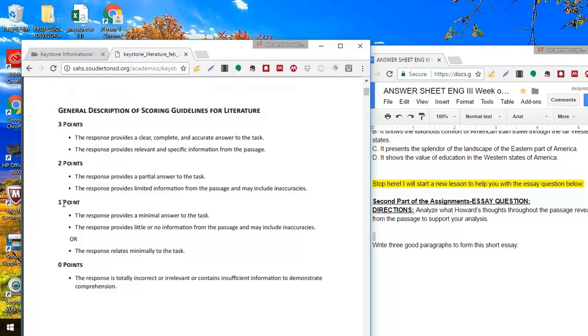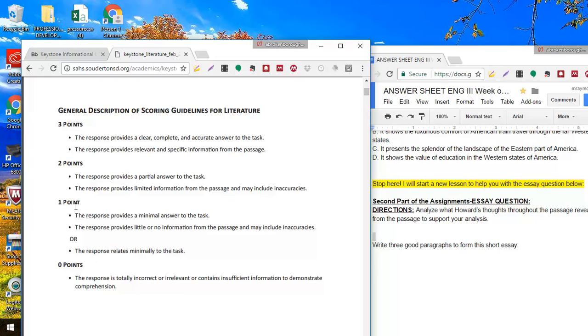For 1 point, the response provides a minimal answer to the task. The response provides little or no information from the passage and may include inaccuracies. If you don't provide information from the passage, that's going to drop your points. Make sure you're accurate about things.